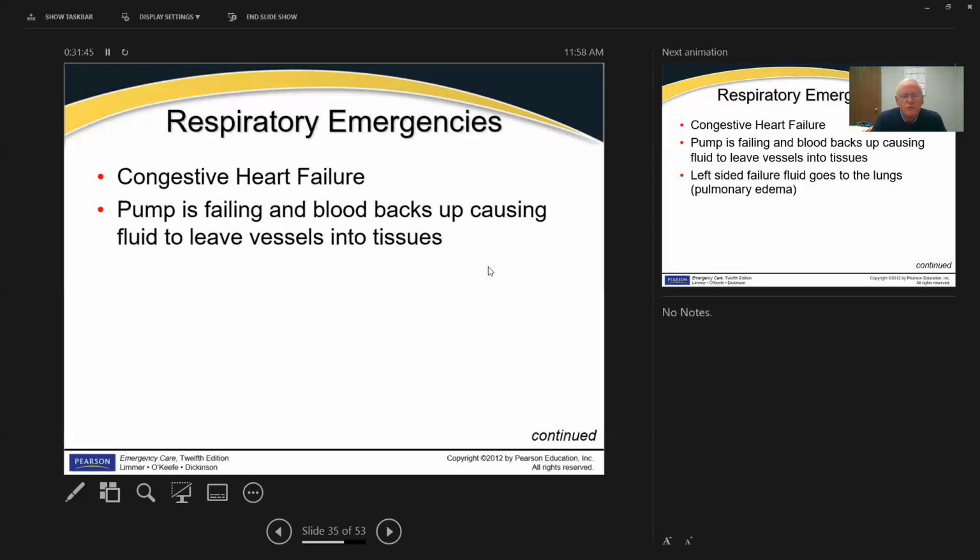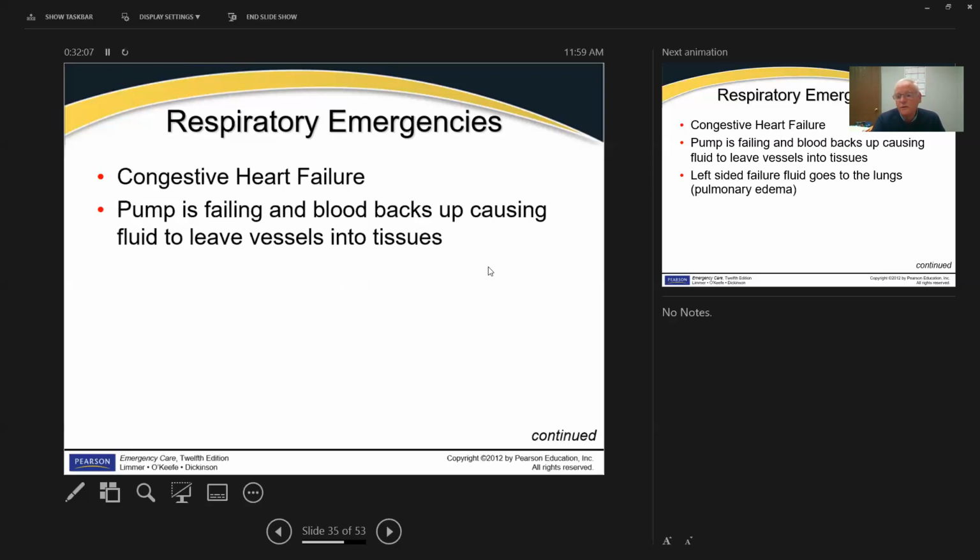If one side is failing because of heart disease, it can't pump out as effectively. Therefore, blood tends to back up. And when it backs up, fluid, plasma, will leak out of the blood vessels into the tissues surrounding the capillaries.